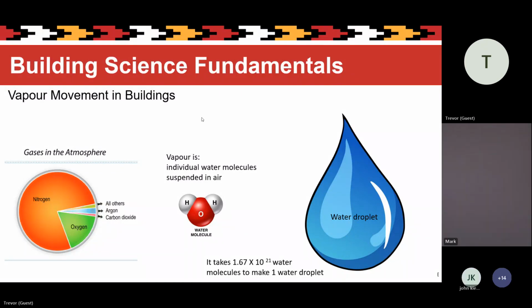Perfect. Okay, so today we're going to talk about vapor flow and vapor movement in buildings. It's something that we don't usually hear about a lot. Air tightness, obviously, is a big issue that we hear a lot about. Thermal performance, R values and stuff like that.